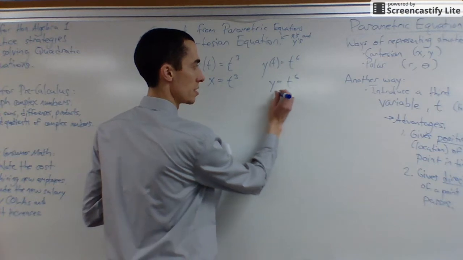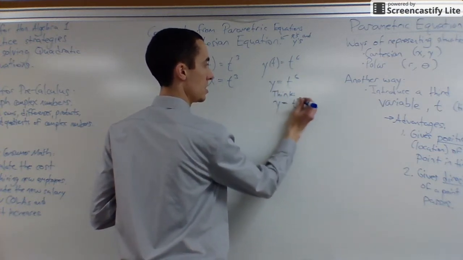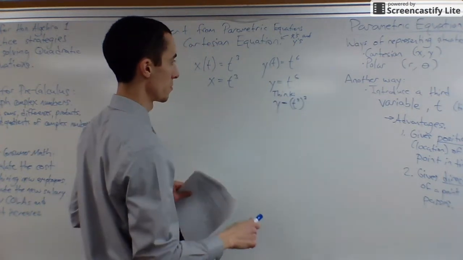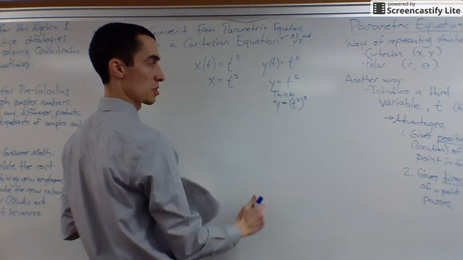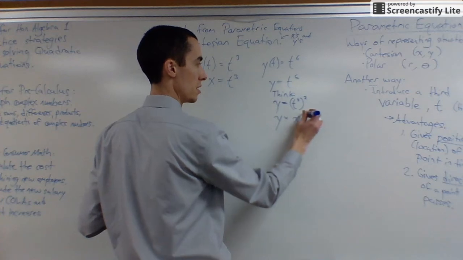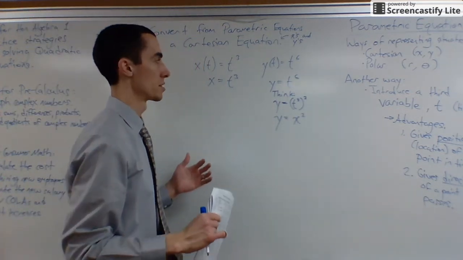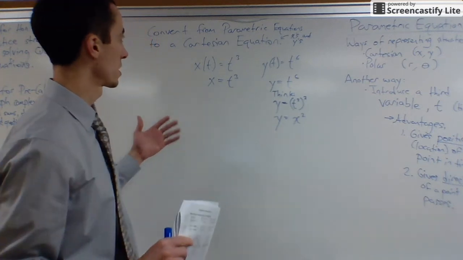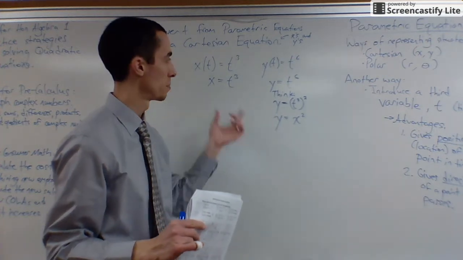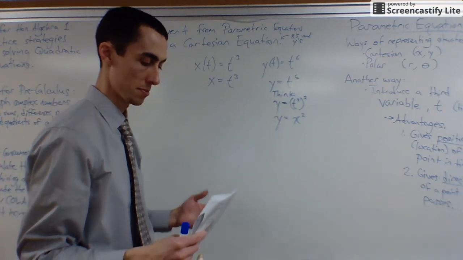So you could think of it as t to the third squared. These two things are equivalent. Now, t to the third equals x. So we could just say that y equals x squared. So this would be an alternate way to do a problem like the last one. Instead of solving for t, you'd have to think about the relationship between x and y and come up with an equation that way.